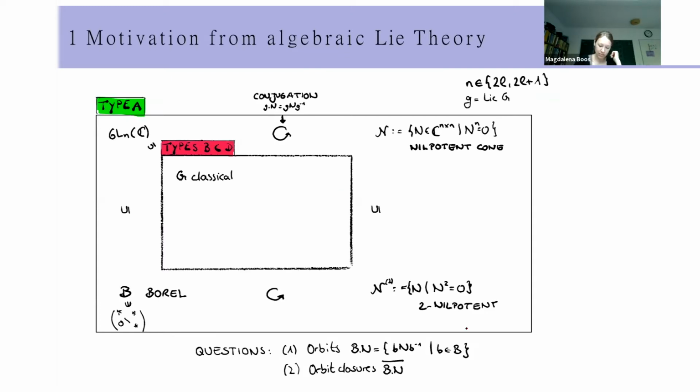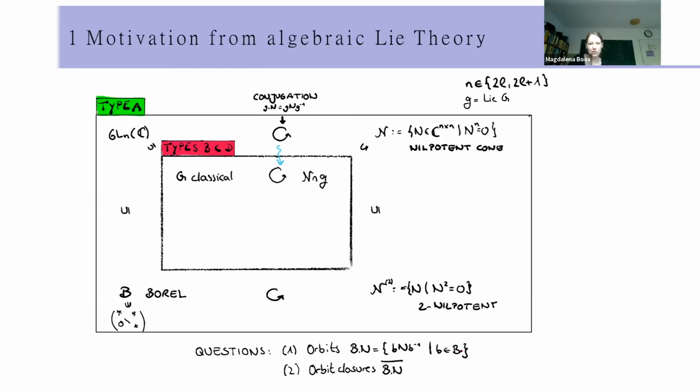And then here, the Lie algebra is denoted by this small fraktur g, which I'm not able to draw very properly, but I guess you can see what this is supposed to be. And of course, what do we have to do with the nilpotent cone? We intersect. So now we look at nilpotent matrices which are symplectic or orthogonal.